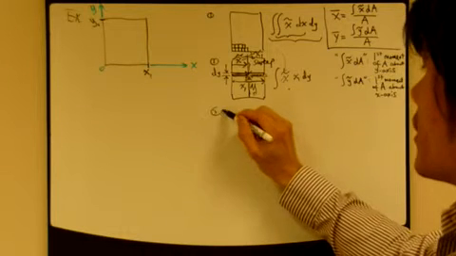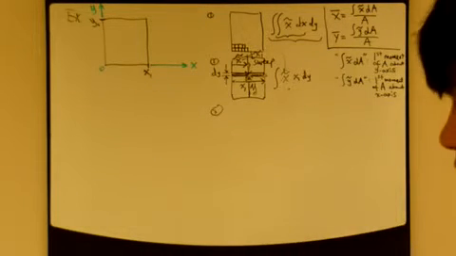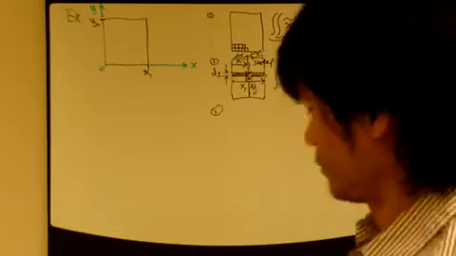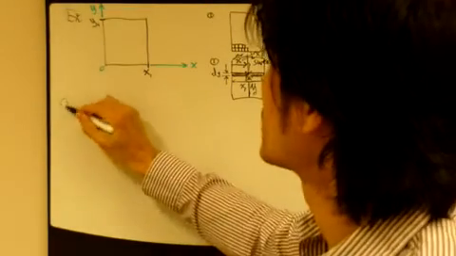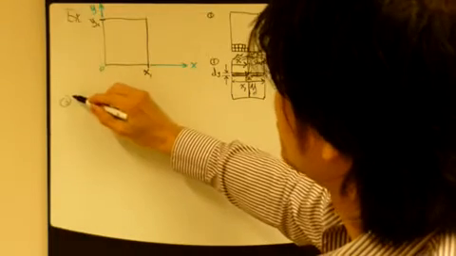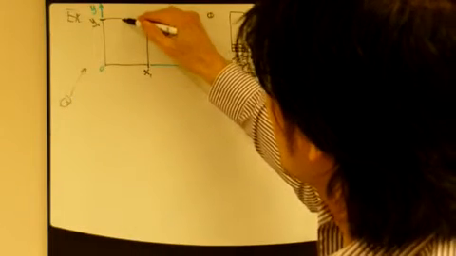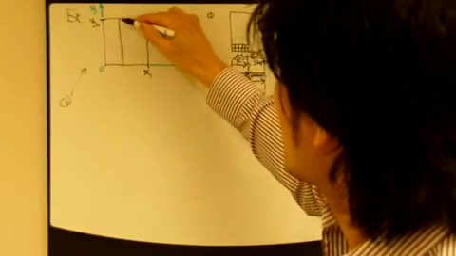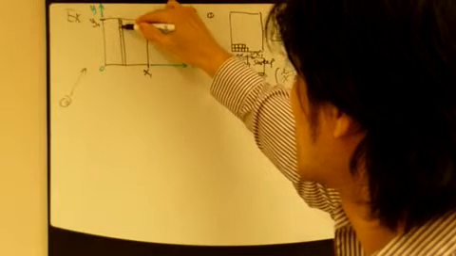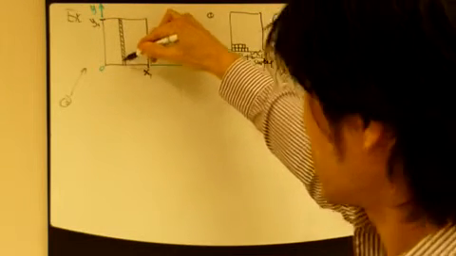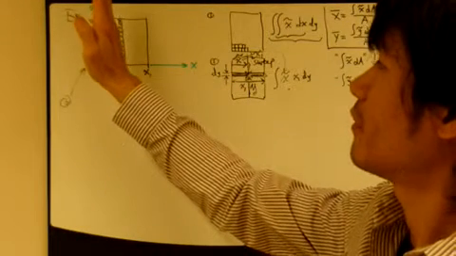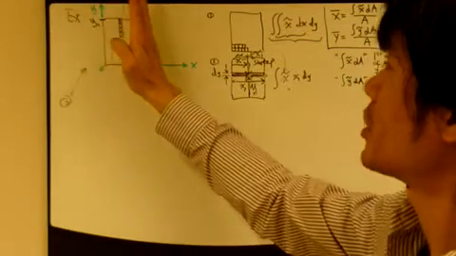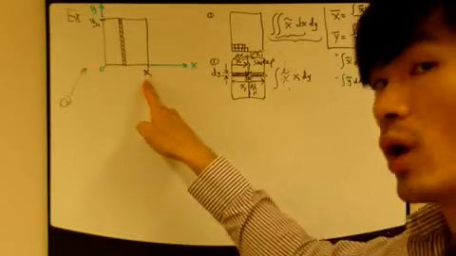Now, the third way to do this, which is what I'm going to do here, is I'm going to define a vertical strip, and then sweep it from the x equals 0 location all the way to the x equals x1 location.